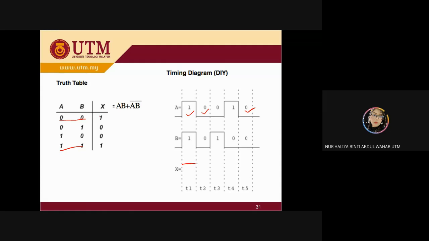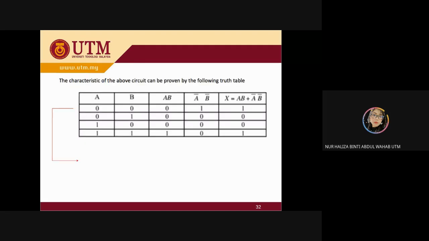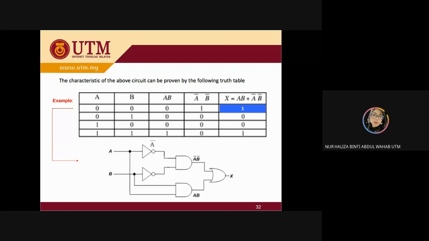So I put 1, 1, 1, and the rest will be 0, 0. This is how I draw the timing diagram. You can try to play around with the values and see the output value.